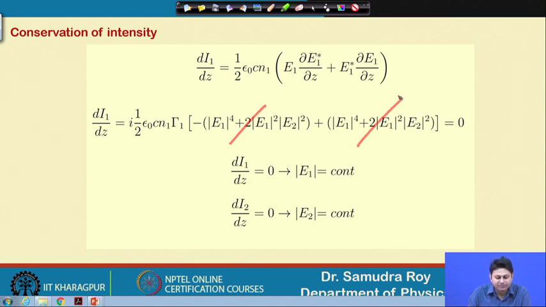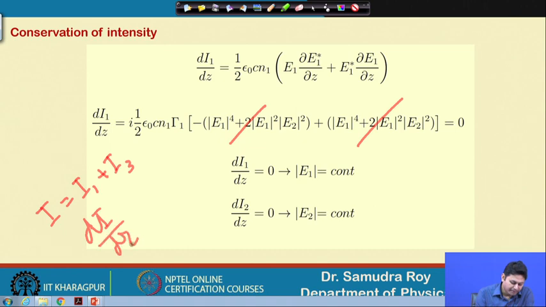That is interesting. In the previous calculation for third harmonic and second harmonic, if you remember, the total intensity was given by the fundamental wave plus, say, the third harmonic wave, and the total intensity was conserved in the system. This was 0.